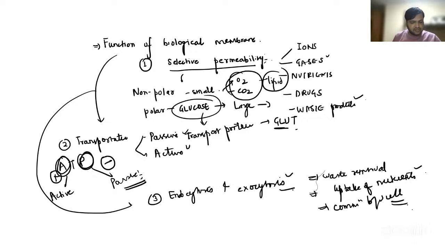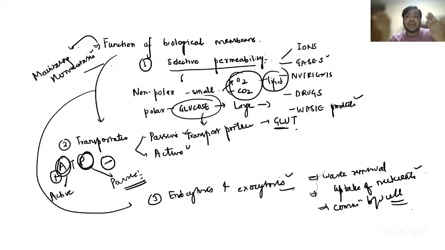So remember, guys, the biological membrane also helps in maintaining the homeostasis of the body. By regulating the flow of materials from inside to outside and vice versa, it maintains homeostasis, so that the internal conditions of the cell are stable.